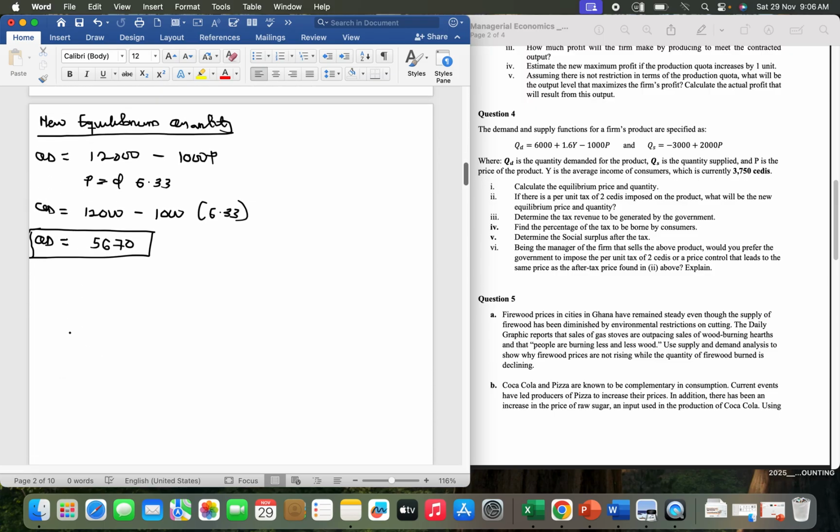So now the third one: determine the tax revenue to be generated. Tax revenue generated is tax times new equilibrium quantity.